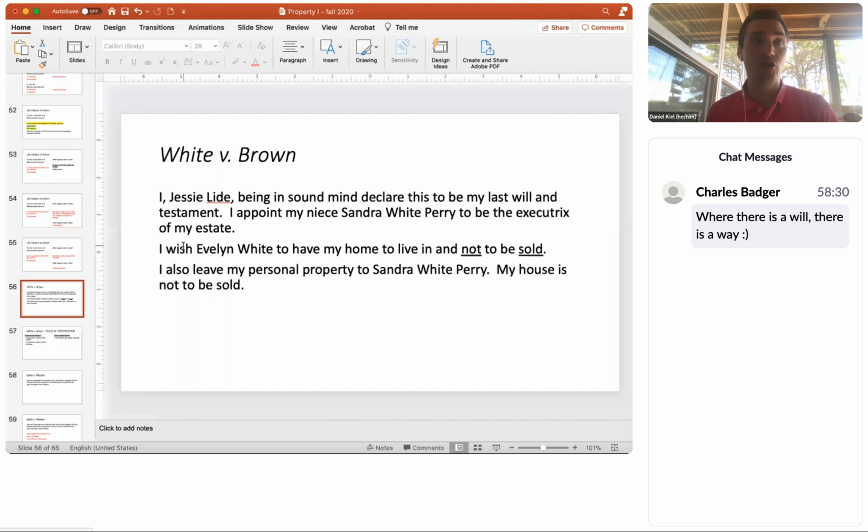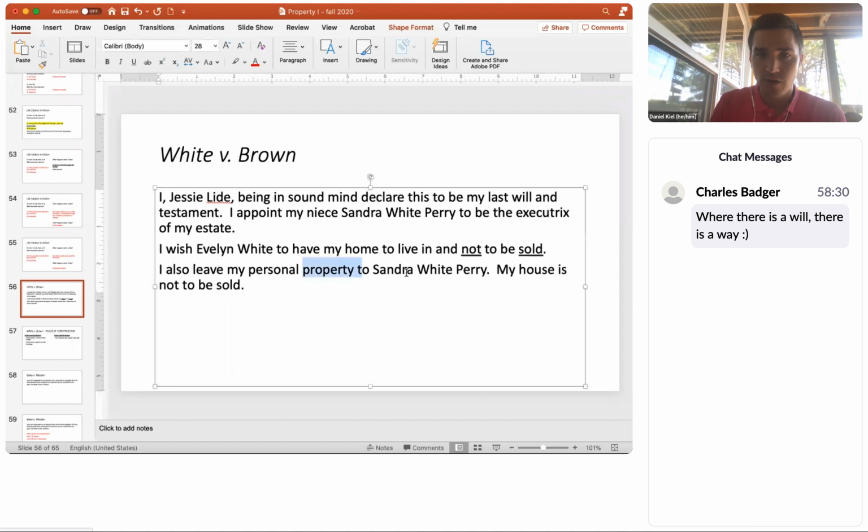So these interests are applicable both to personal and real property. So she's giving Sandra a fee simple to the personal property. So what does that tell you about, let's compare now the personal property and the home. So it seems clear that she's done here. She actually has seen my chart, right? It's just a to Sandra. Okay. To Sandra. That's a fee simple.